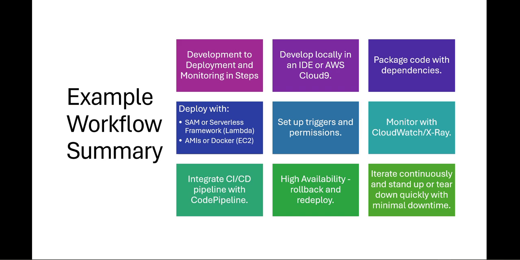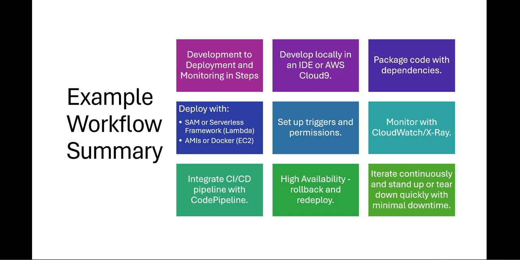And here are some workflow examples, a summary. Development to deployment and monitoring in steps. Develop locally in an IDE or in the AWS cloud. Package code with dependencies. Deploy with SAM or the Serverless Framework for Lambda, AMIs, or Docker.